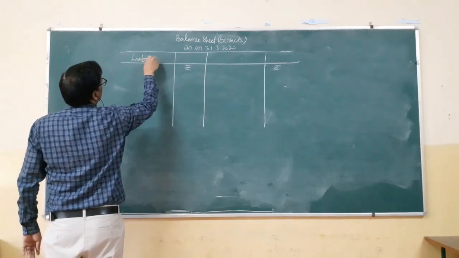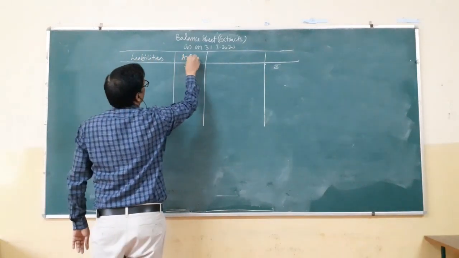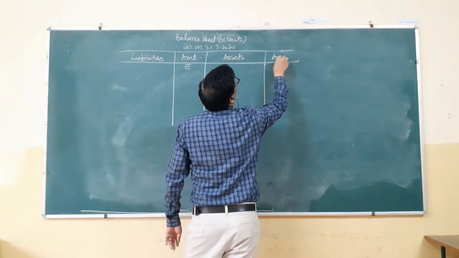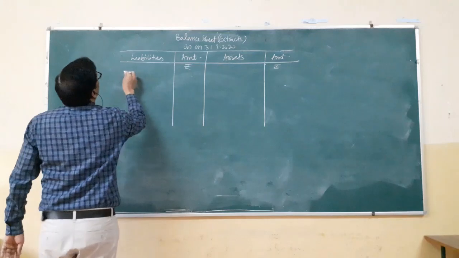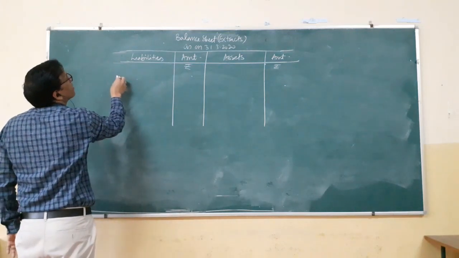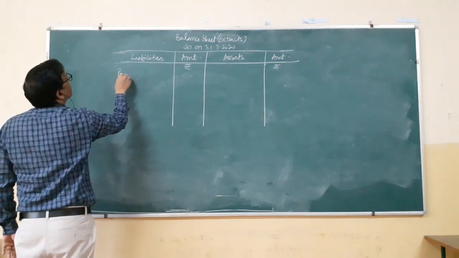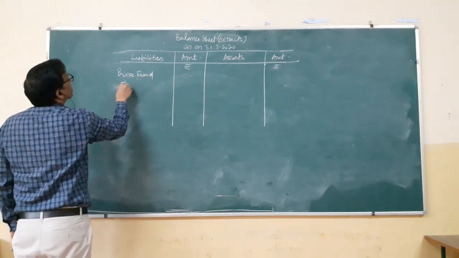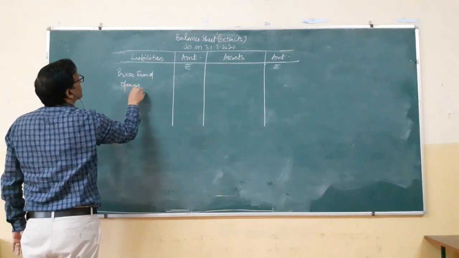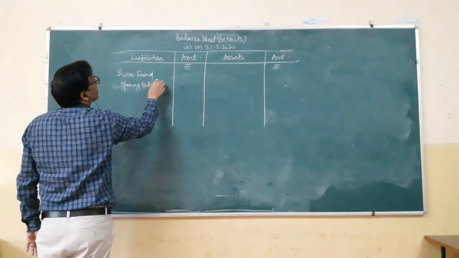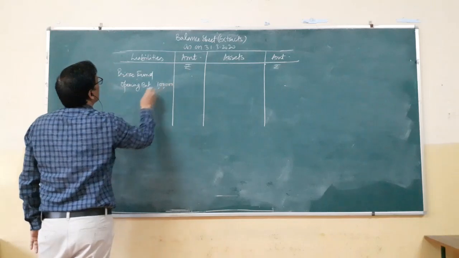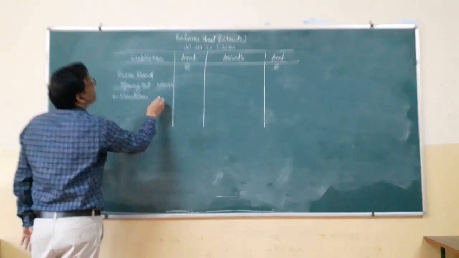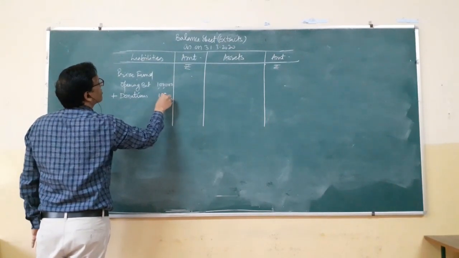Liabilities, assets. Here we write prize fund. Opening balance, that was 1 lakh rupees. We will add here the amount of donations received. It was 15,000.